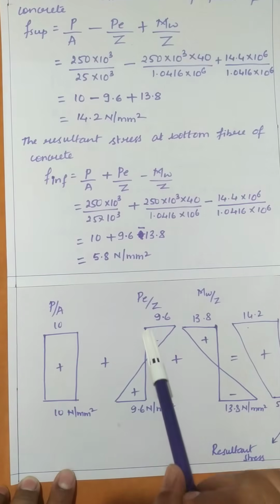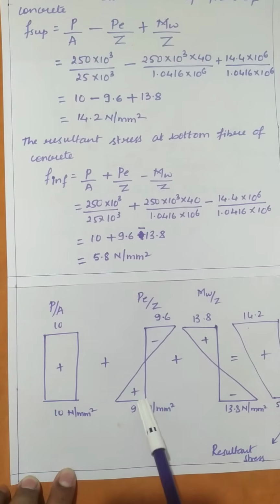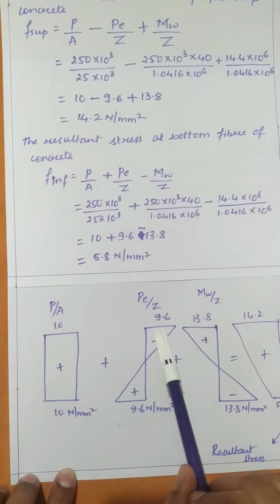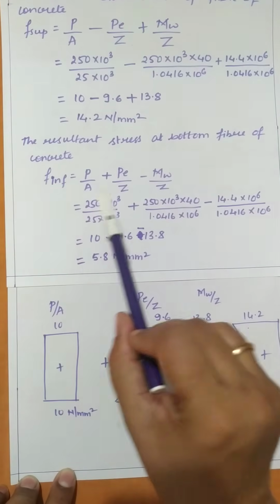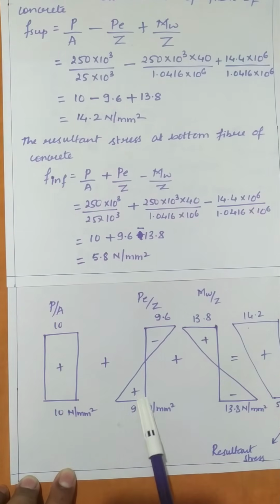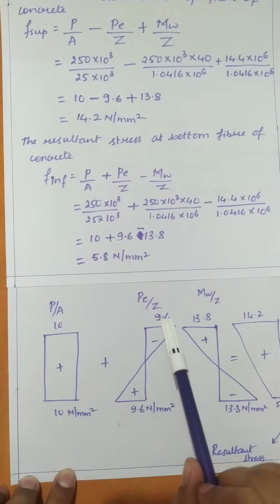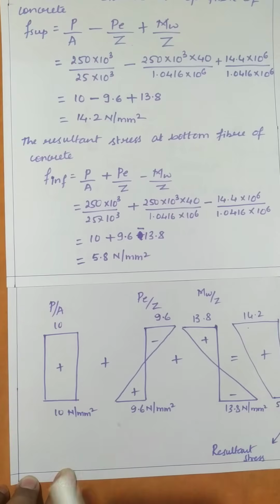First you draw the vertical line. If it is minus, to the right side, that is minus 9.6, and at bottom fiber it is plus 9.6 towards left. Join these, minus 9.6 and plus 9.6 at top and bottom fiber respectively.